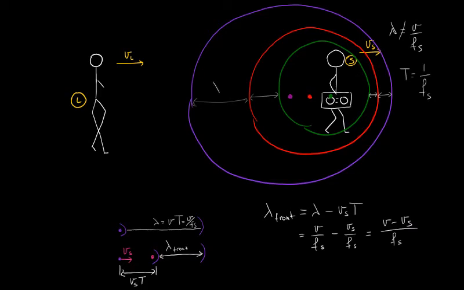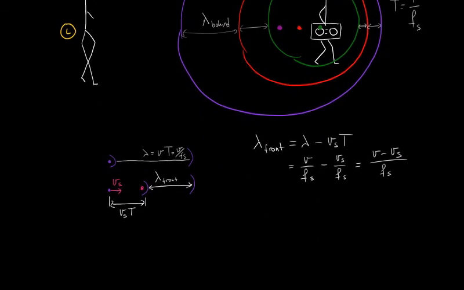Similarly, we can find the wavelength behind. In this case, you should add the distance that the source travels. So lambda behind equals lambda plus v source times t.